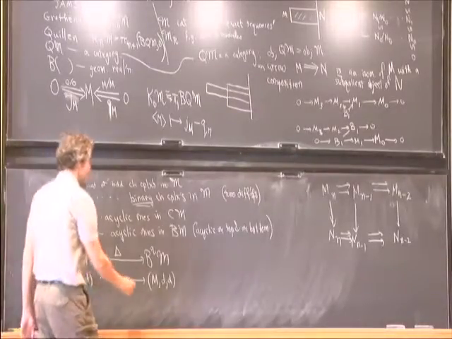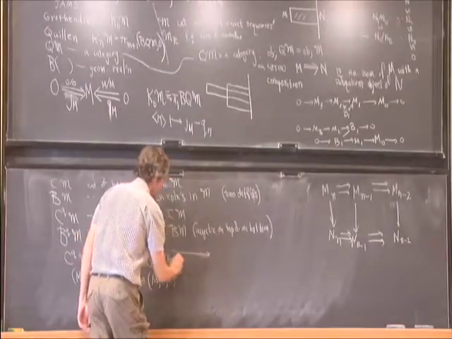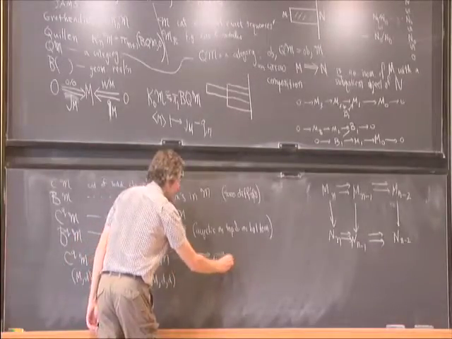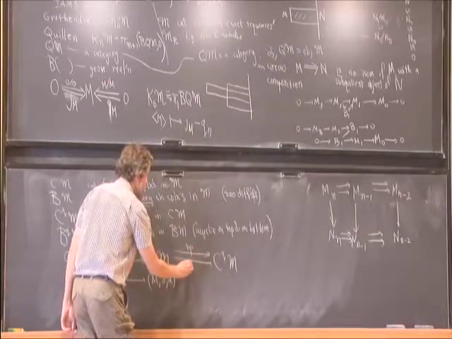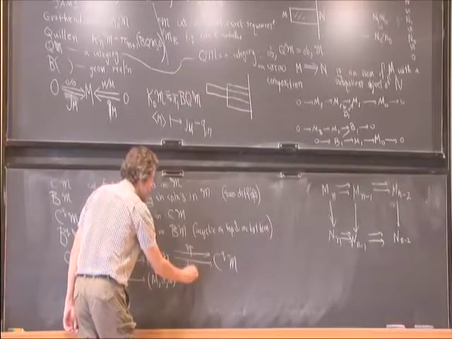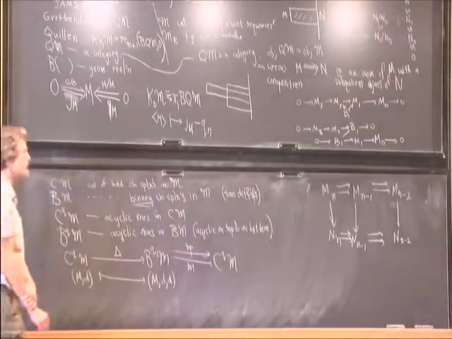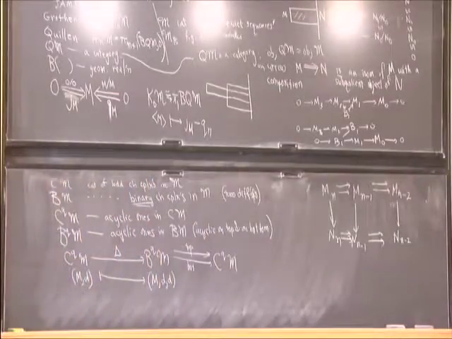So this is an embedding, and there are 2 projections back down to CQ by forgetting the bottom and just remembering the top differential, or alternatively just remembering the bottom differential.